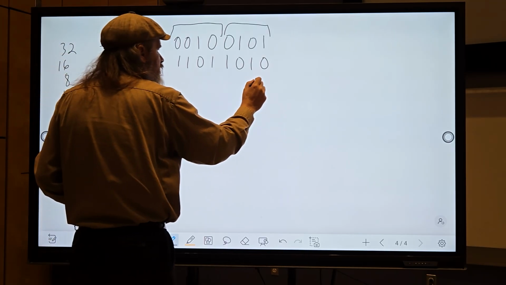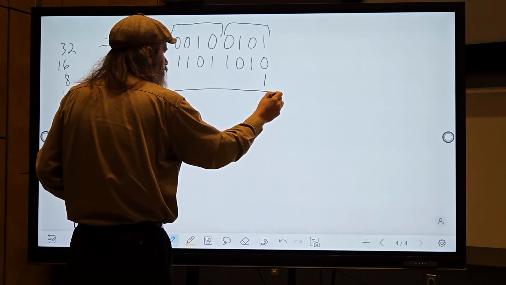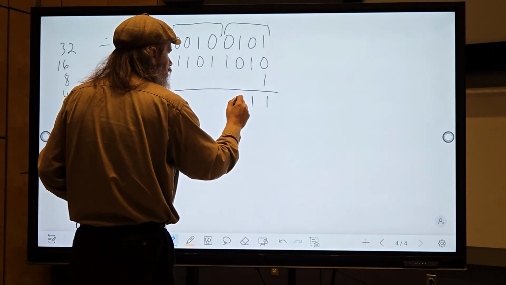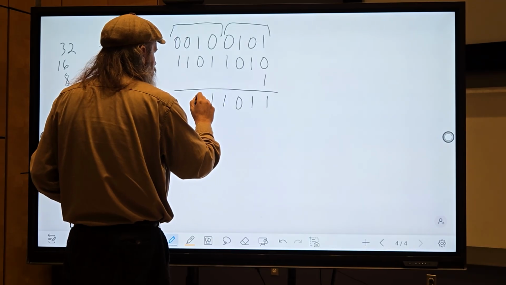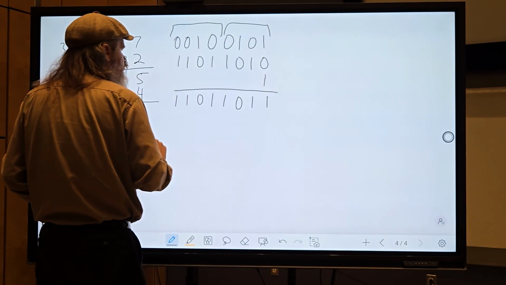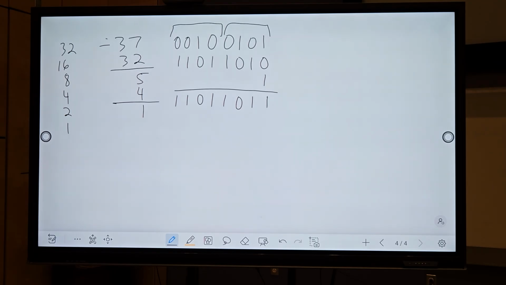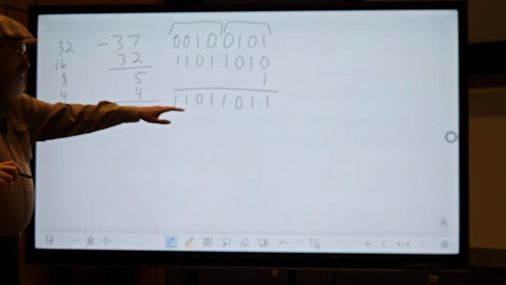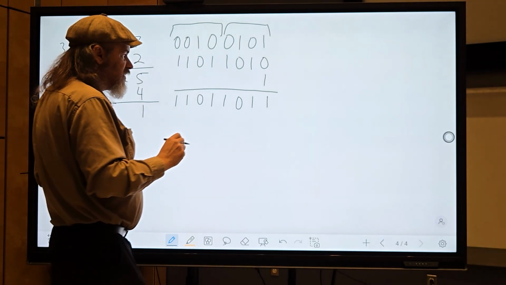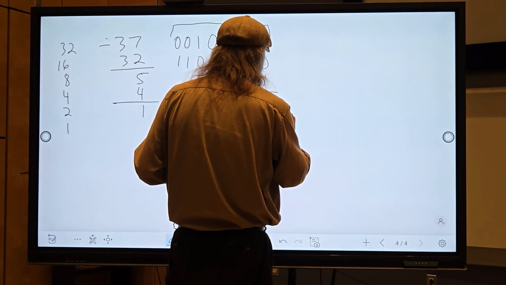And then add 1. So you have the 8-bit 2's complement. So this is negative 37 in binary.